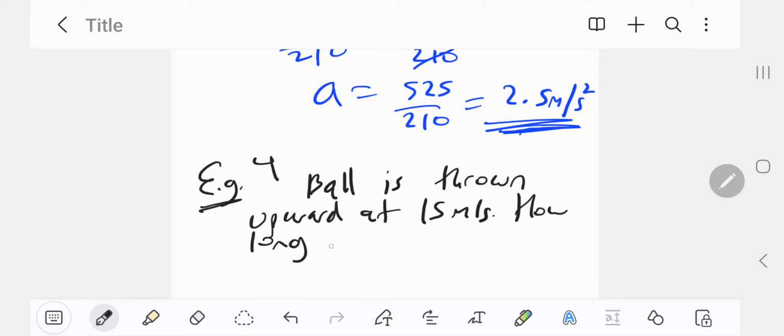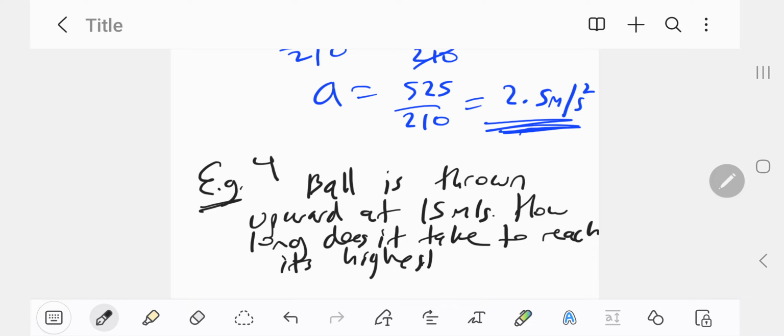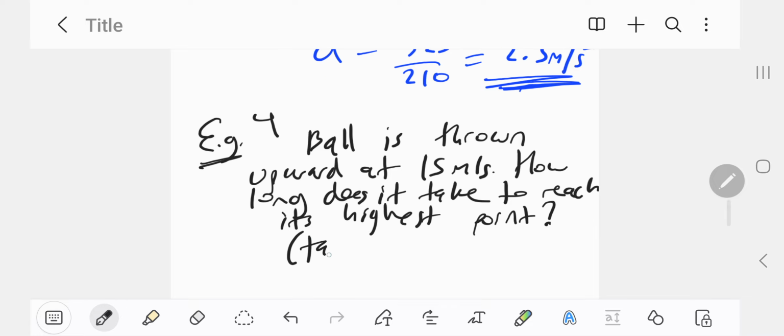How long does it take to reach its highest point? And it says here, take acceleration a to equal 9.8 meters per second squared.